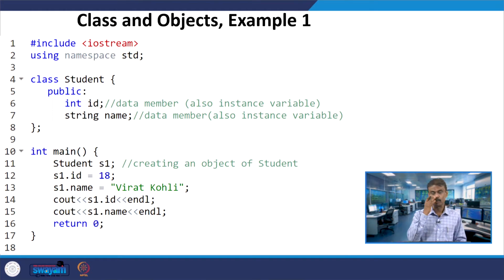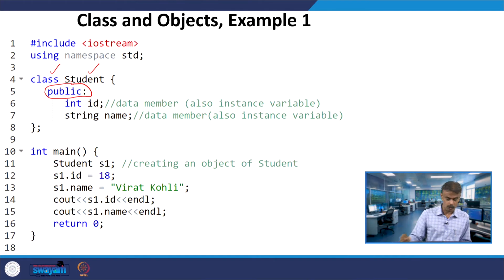You know #include <iostream>, exactly like in procedural oriented programming, and whenever you want to write the cin statement you use namespace std, the standard namespace. Now I define a class student. Student is the name of the class, and first we are using the access modifier.